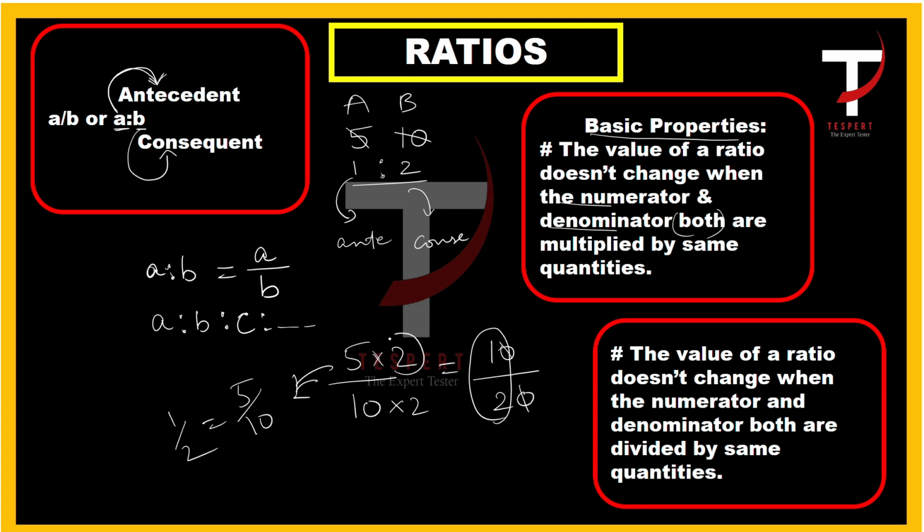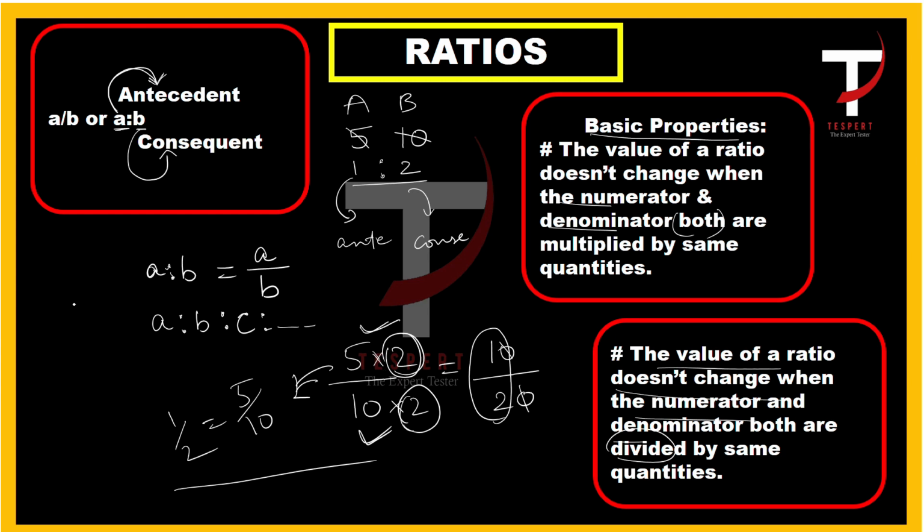So when the same number is multiplied with the numerator and the denominator, the ratio doesn't change. The next property is that the value of a ratio doesn't change when the numerator and denominator are both divided by the same quantity.